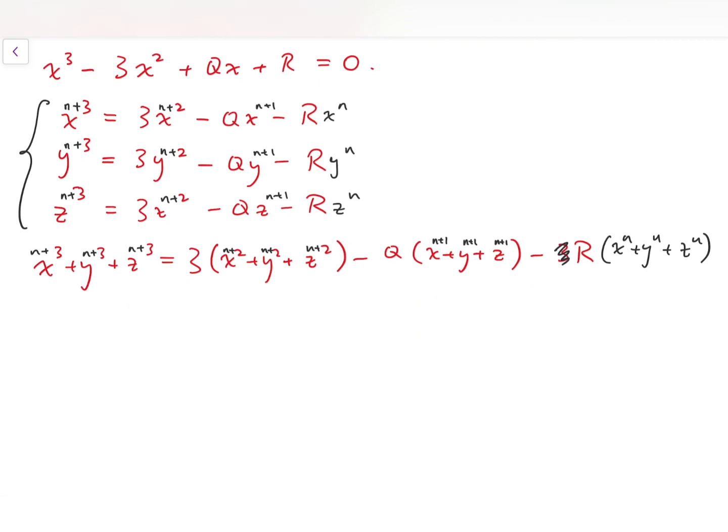And so this is what we're going to get if we were to relate the sum of powers of x, y, and z. And to make things look easier, I'm going to let, for any non-negative integer m, S_m equal the sum of the m-th powers of x, y, and z.